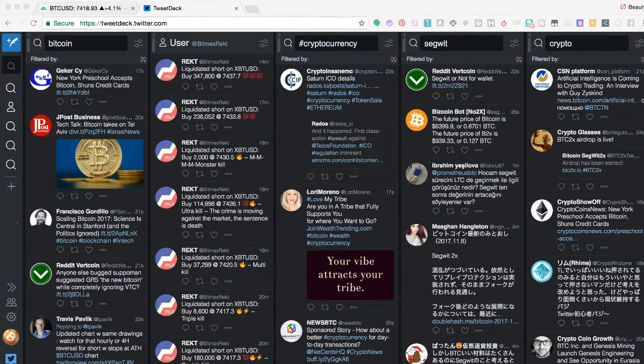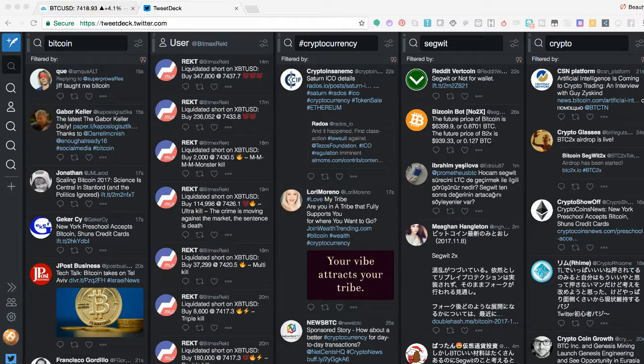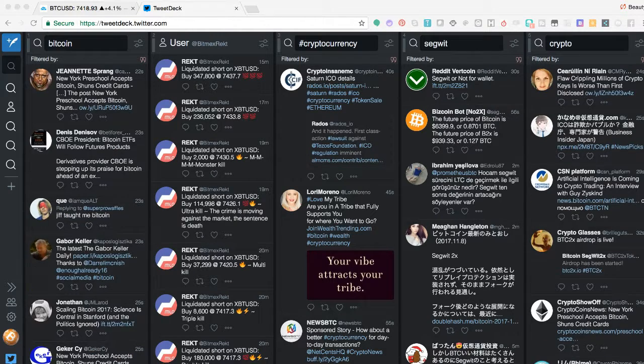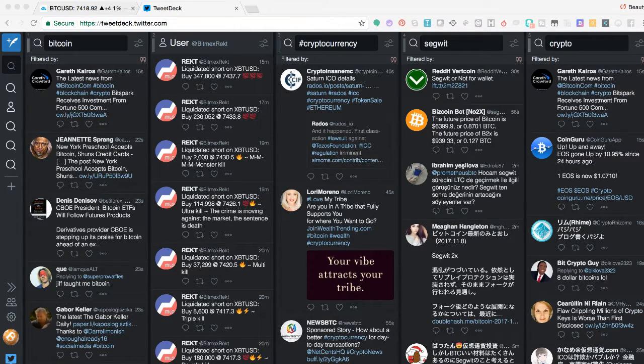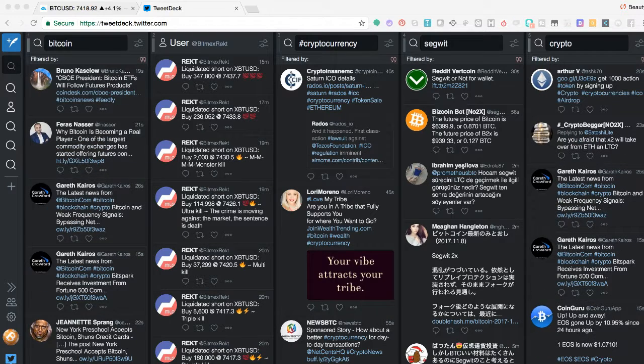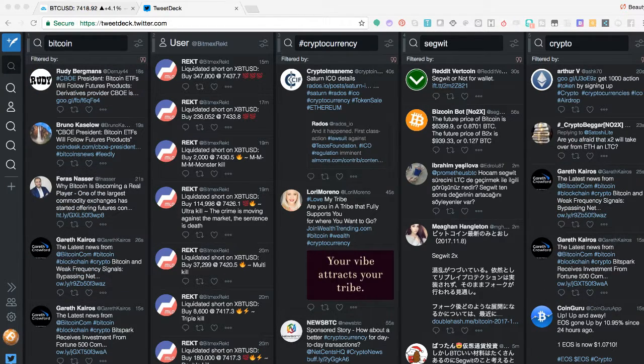That might be a good thing, but right now it just stands that we have the Bitcoin column. I always keep the BitMEX rect column up and going as its own single column, and notice that none of the columns have retweets. So that keeps it a little less cluttered, and I know that each of the tweets coming in are indeed fresh from the author.